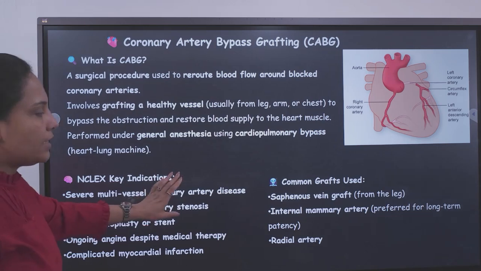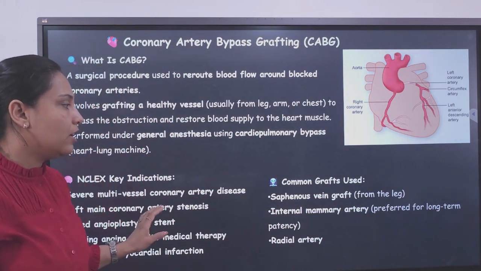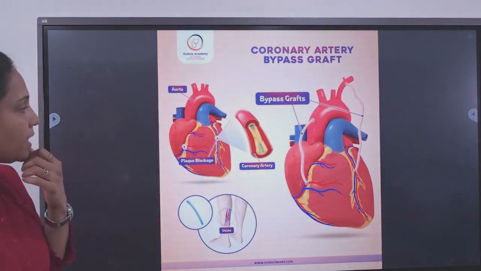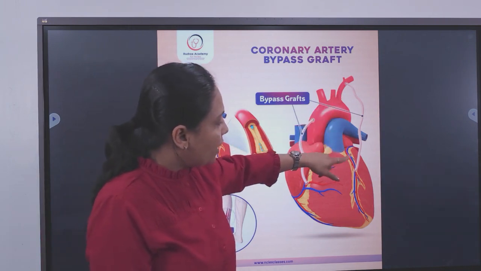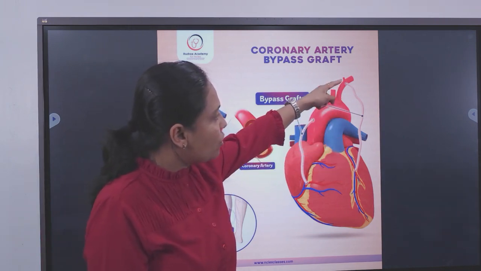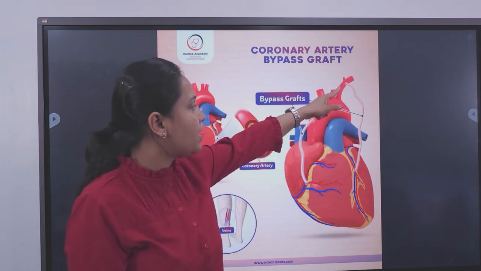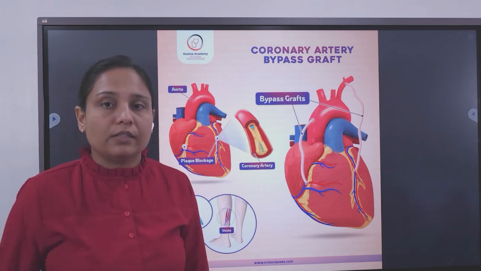Yes, as I explained, the saphenous vein or the internal mammary artery will be used. In the bypass graft, you can see here, if this area was blocked, you are using some other veins and bypassing the area, so the blood will be circulating through the graft.